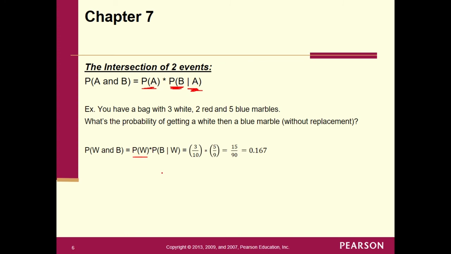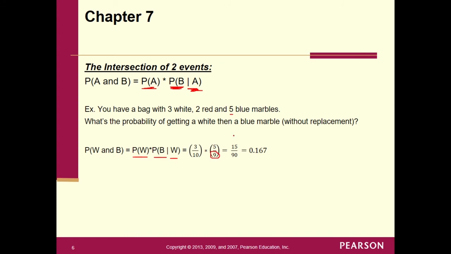That was the probability of drawing a white with the first marble. And then times the probability of blue, given that we drew the white marble already. So how many blue marbles are still in the bag? 5 out of how many now?